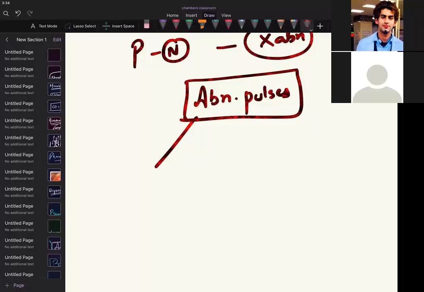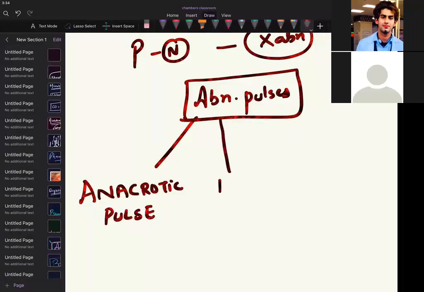The first abnormal pulse is the anacrotic pulse. The second type of abnormality is the dicrotic pulse. The third type is the water hammer pulse.